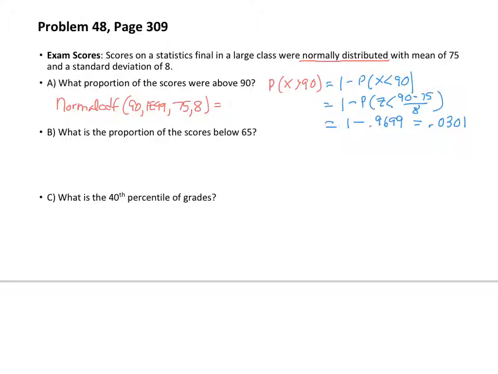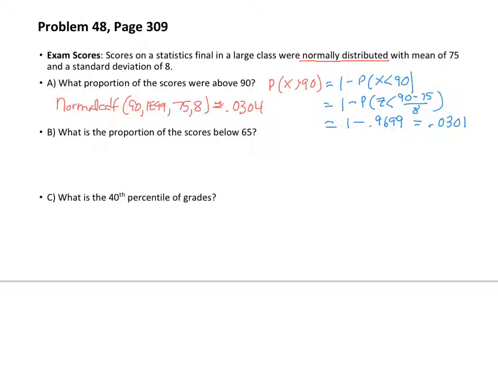When I do it on my calculator, which I'm doing right now, 90, comma, E99, comma, 75, comma, and 8, I get 3.04. So I get 0.0304 about. That's an approximation. So again, I'm off a little bit.